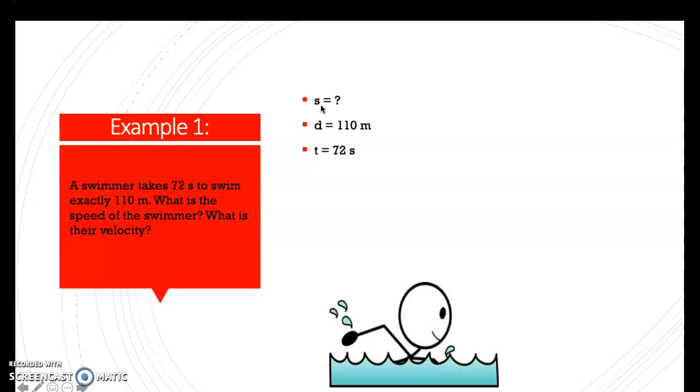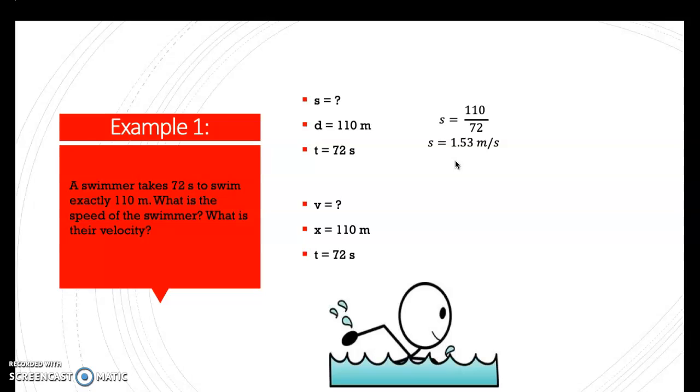Speed is what I'm trying to figure out. The distance I get from my problem, which is 110 meters, and the time is 72 seconds. Then I can substitute it into my equation. Speed is distance over time. So I put my 110 meters divided by the 72 seconds, and I get a speed of 1.53 meters per second. So that's the speed of my swimmer.